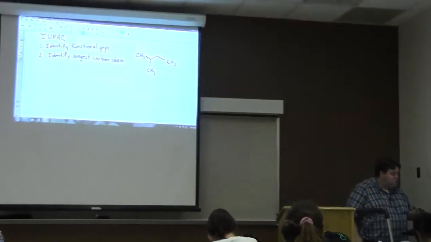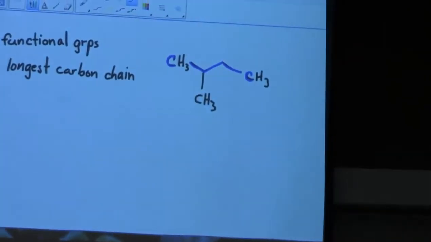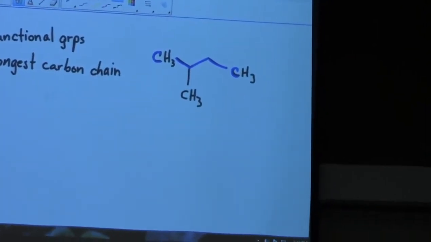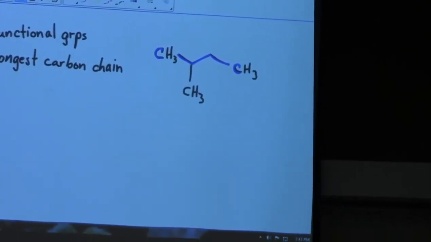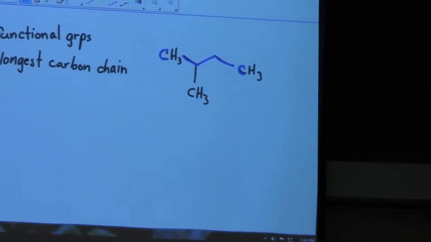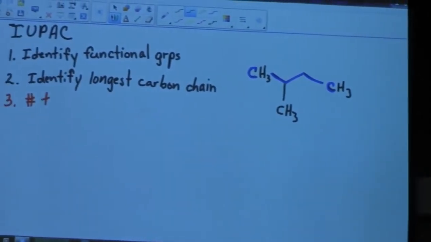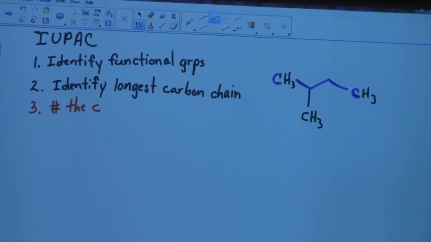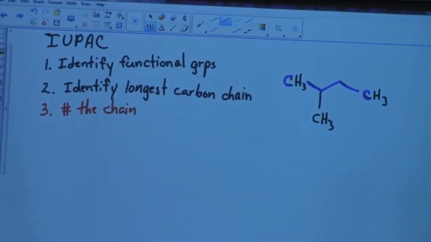Okay, once we've identified the longest chain, the next thing we do is we number that chain. We number the chain starting from the most substituted side.